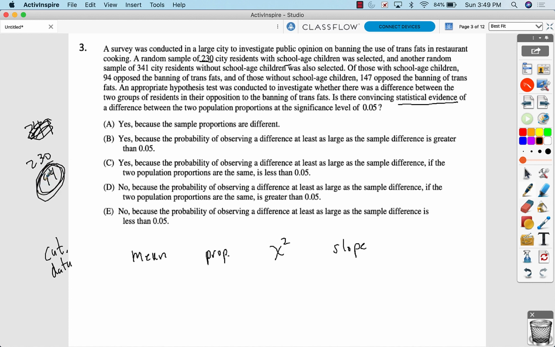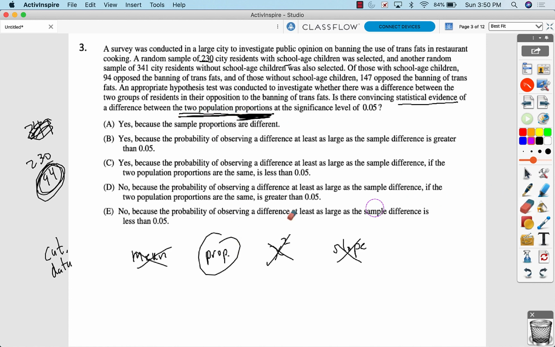This is a count, so it can't be a mean, and it says proportion right here too. So without even doing data, it says proportion. So it's not going to be a slope. It's going to be a proportion. And then it says 2 population proportions.